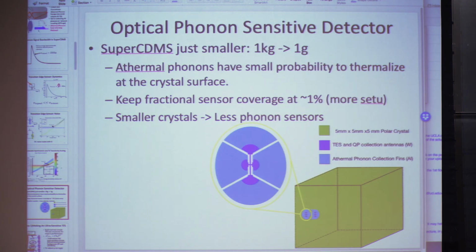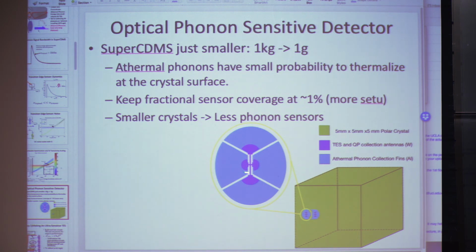Okay? So now finally, we talked about optical phonon devices in the previous talk. An optical phonon device is literally just basically the SuperCDMS device, just shrunk to a gram in size, right? We shrink to a gram because we have this probability to thermalize on the crystal surface. And so we want to make our devices super sensitive.